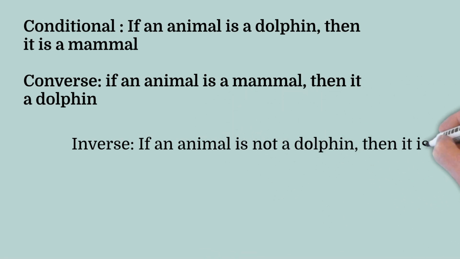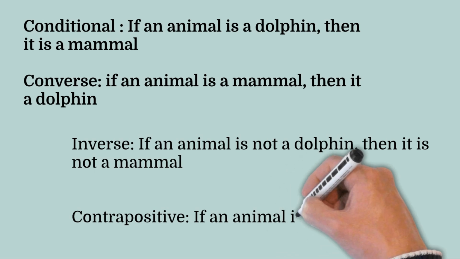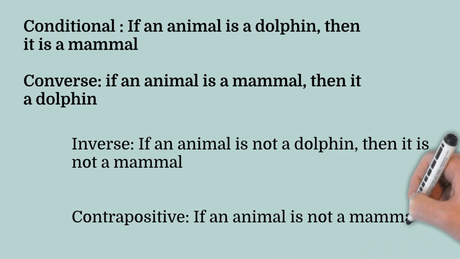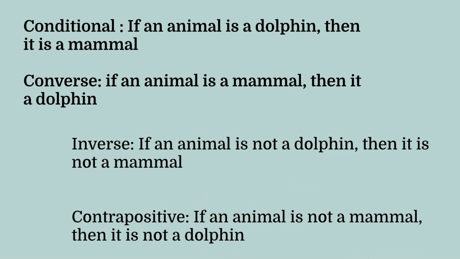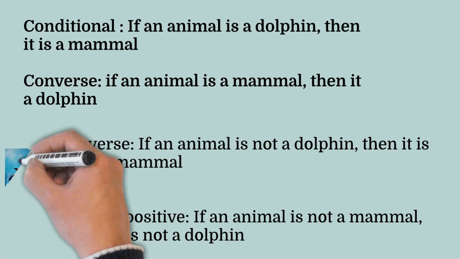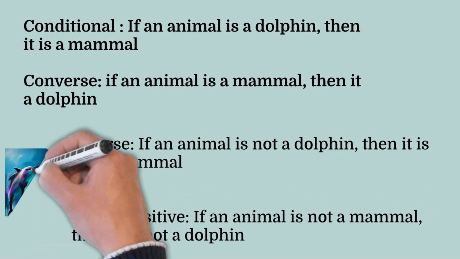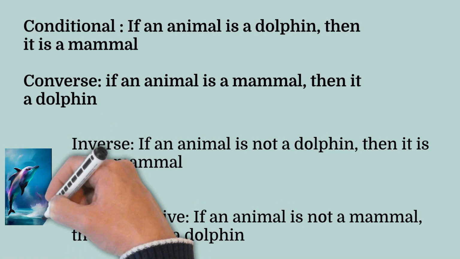So it flows into conditional, converse, inverse, and then contrapositive statements. At all times, we are able to see our hypothesis and our conclusions. And sometimes we can see if the statements are true or false, and where it is false, we will offer a counterexample.